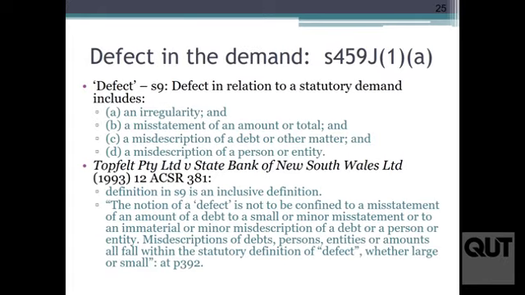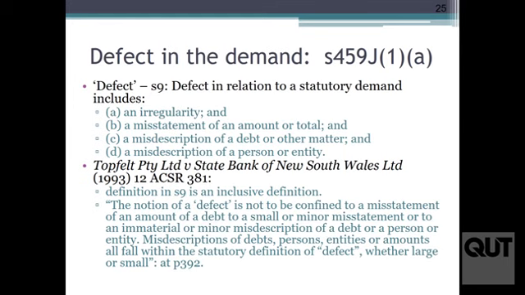Now, defect is actually defined in the dictionary section of the Corporations Act, section 9, which says it includes an irregularity, a misstatement of the amount or total of the debt, a misdescription of the debt or other matter, and a misdescription of a person or entity.